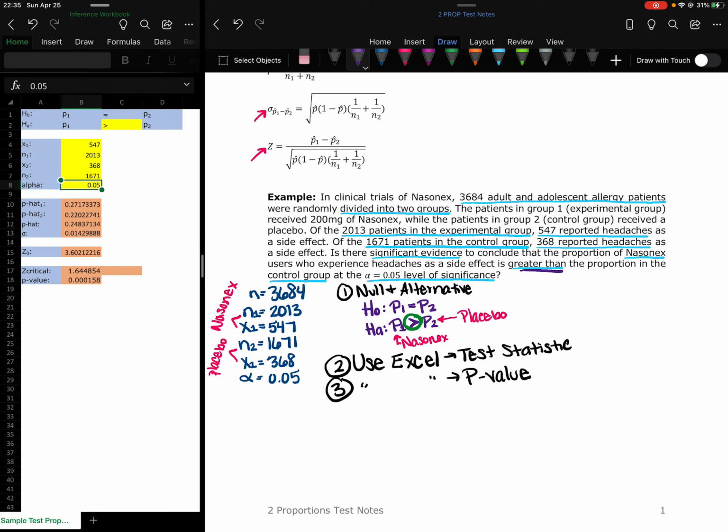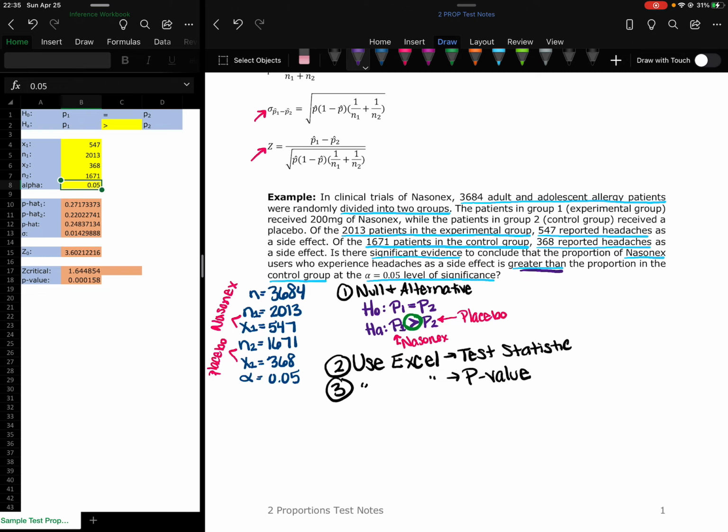So we have a lot of values here. We have p hat 1, so about 27% of the people on Nasonex are reporting headaches. P hat 2, about 22% of people are reporting headaches from the control group. P hat is our overall percentage.